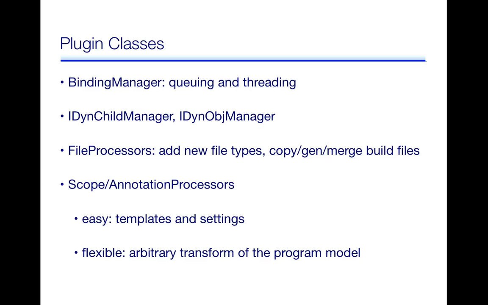Scope and annotation processors let you do either simple basic customization like we saw with the at-main init annotation, or you can do arbitrary transforms of the program model. Scopes let you mix in code templates to add additional code to the parent class that might be necessary to implement the scope.